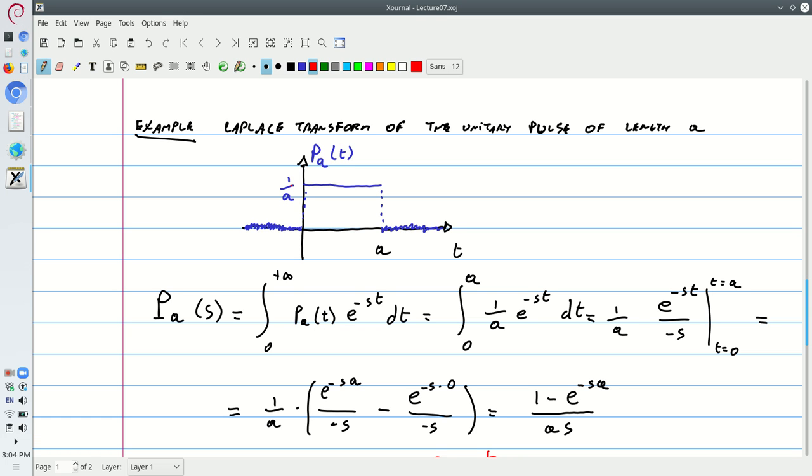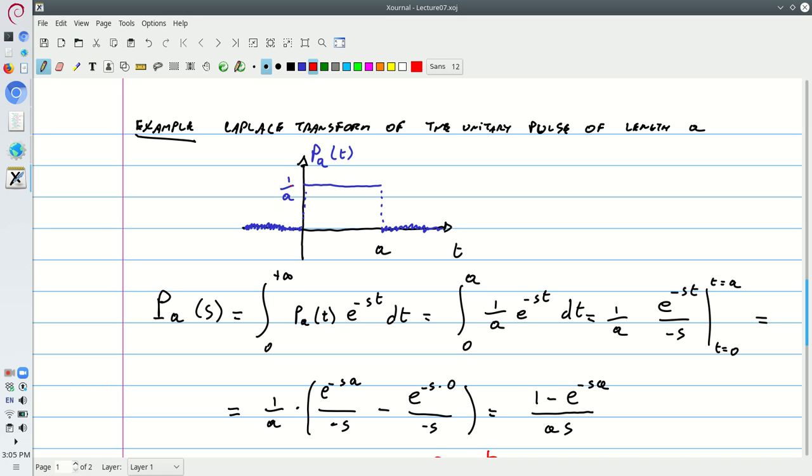The overall intensity, if you integrate the pulse over its time when it's active, is always 1. So the intensity is always the same, but now it's distributed over a short interval, and so to keep the same intensity, the height of the pulse has to go to infinity. In that case, when a goes to 0, we can say informally that we have a pulse of duration 0 and with height infinity.